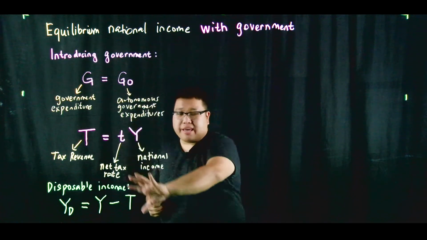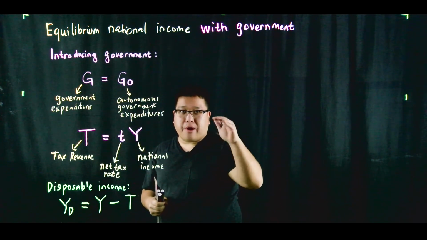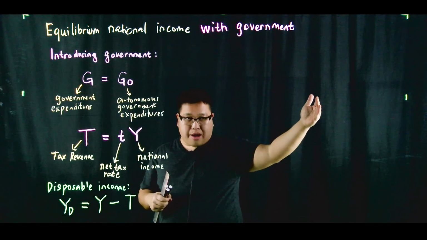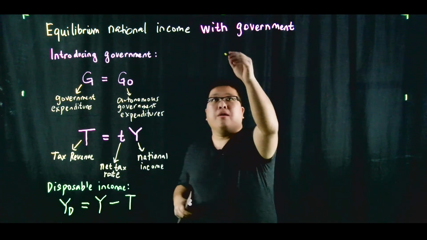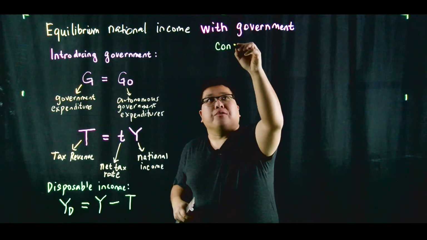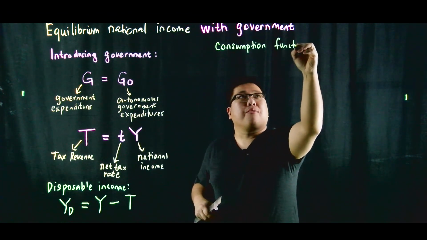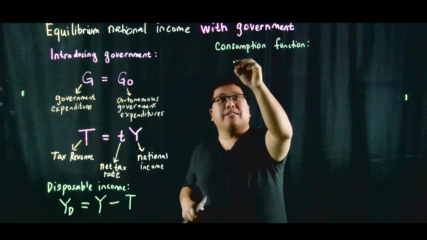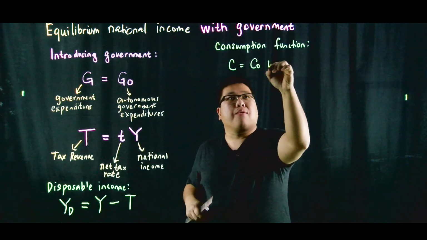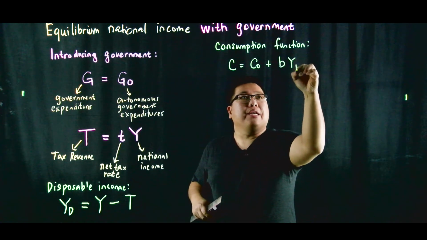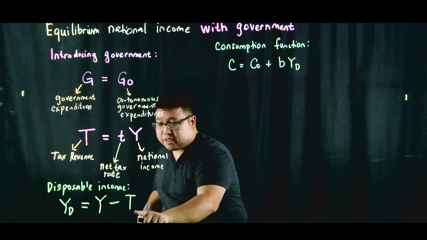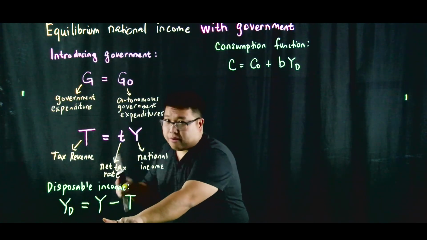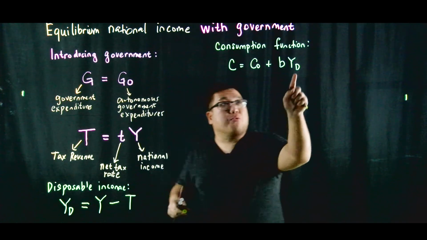So how would this impact the equations that we had earlier in the case where there was no government? Recall the consumption function: C equals C sub 0 plus B YD. Now our YD is not just Y, unlike earlier. Now it's Y minus T. So we sub that in.